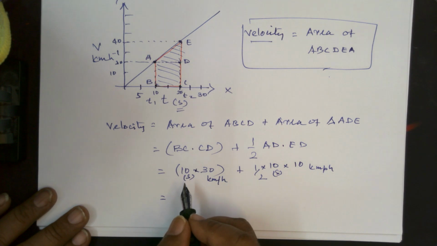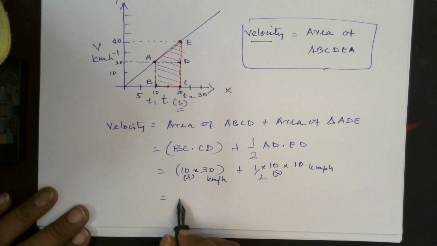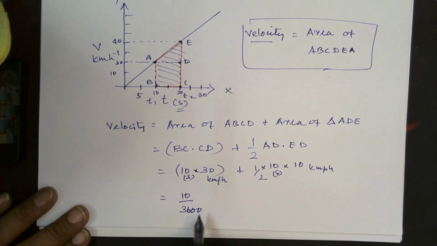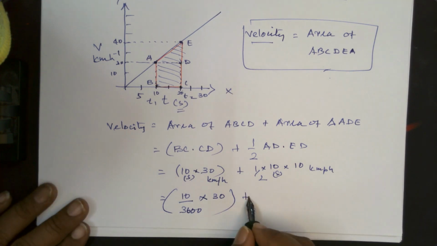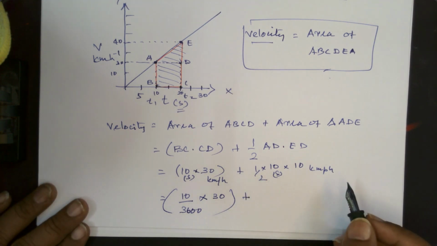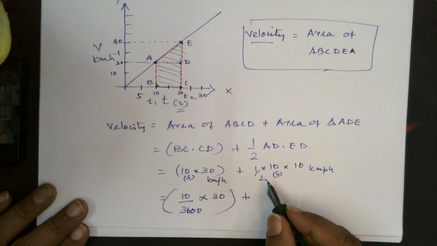Hour. How many seconds is equal to 1 hour? 3600 seconds. Therefore 10 divided by 3600 seconds. So it means we have converted into hour, into 30. So this gives you in kilometer. Plus what about this? Tell me.